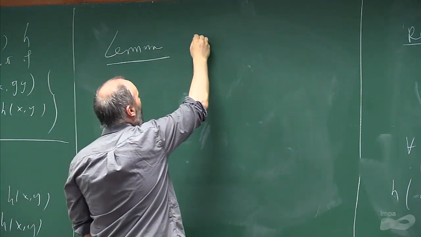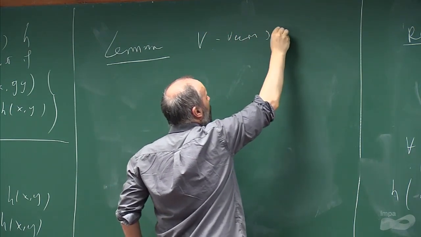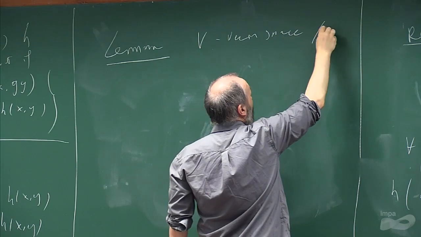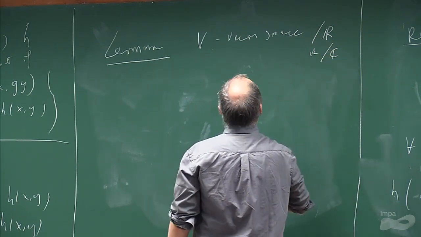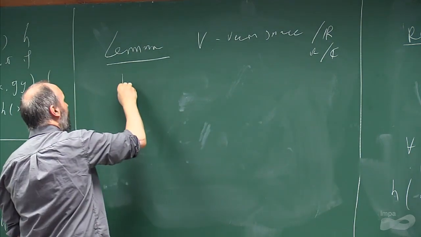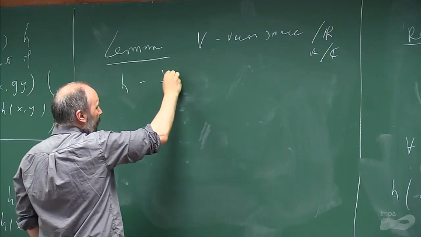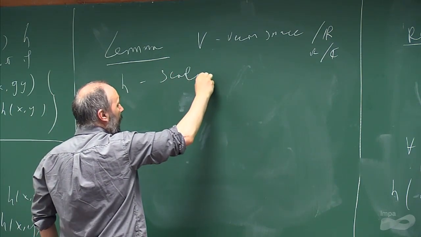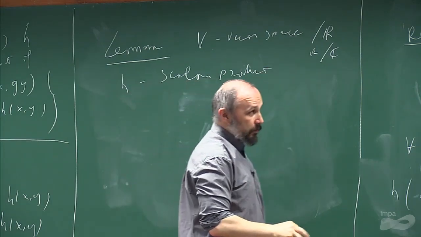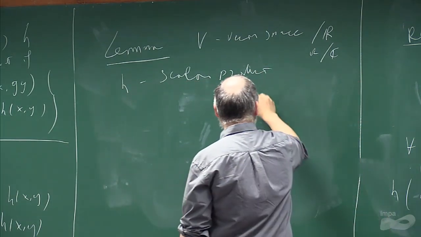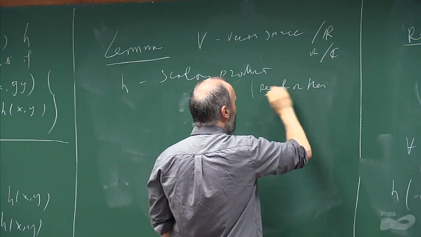You take V a vector space over reals or over C, H a Euclidean or Hermitian form, scalar product. Hermitian forms are also called Hermitian scalar products. So it's real or Hermitian.